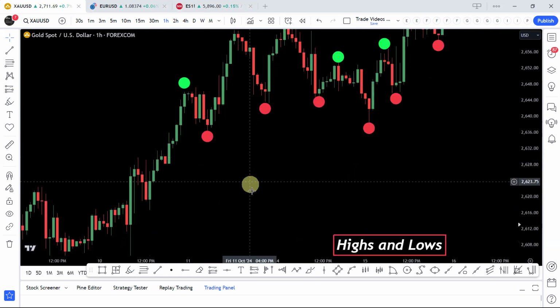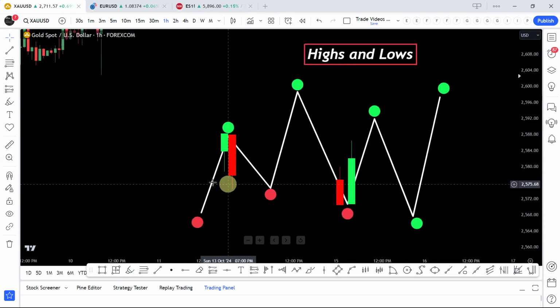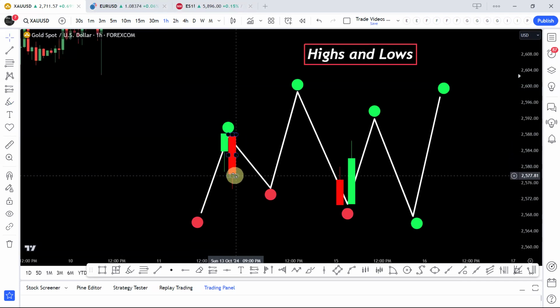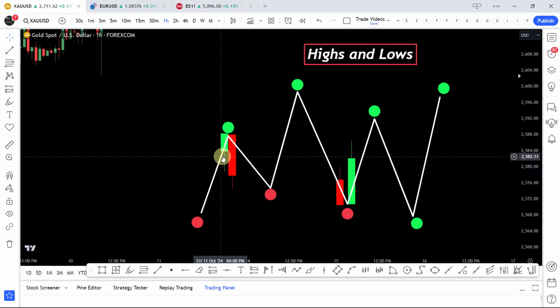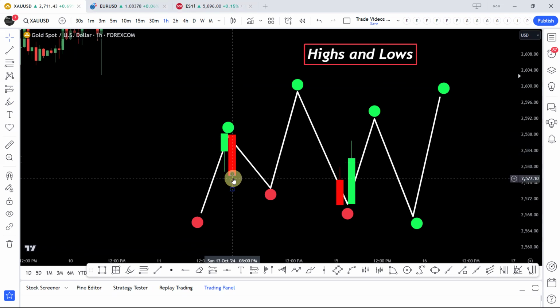In order to find the valid highs and lows, there is one criterion that I basically use. For the last green candle of the high, the next red candle should break below the last green candle. That means the lowest wick of the last green candle, if there is a wick, and the next red candle should close the body below that green candle.